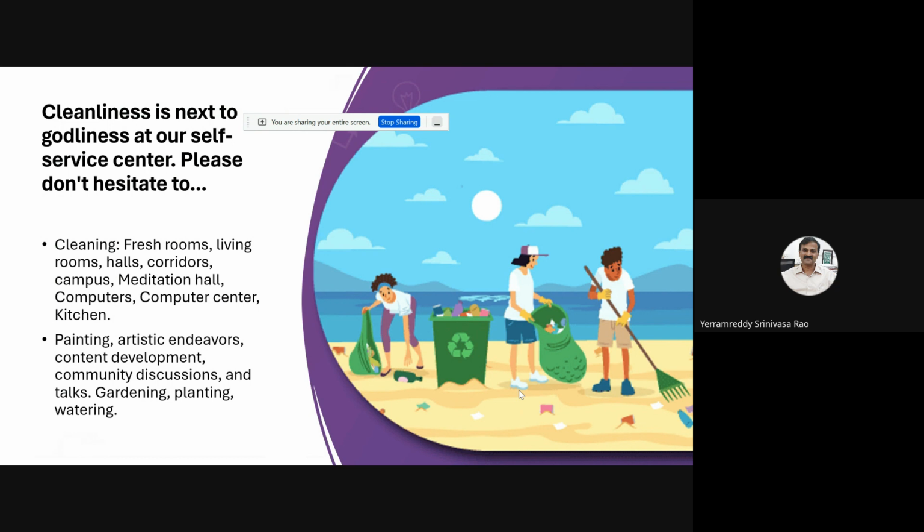Since you also have some skills in you, maybe painting, or some other cultural related things, or gardening, farming, please do contribute in beautifying the center. So this is self motivation.